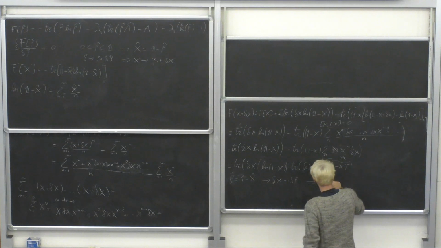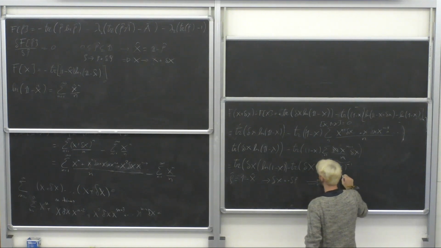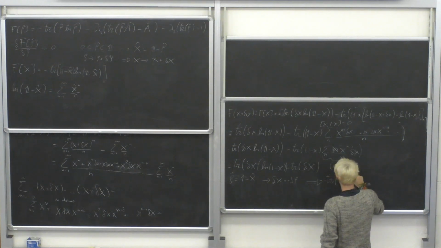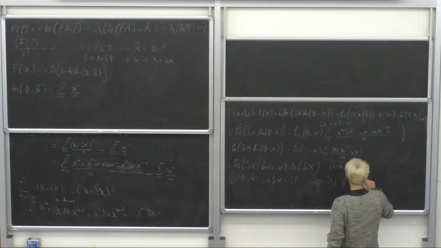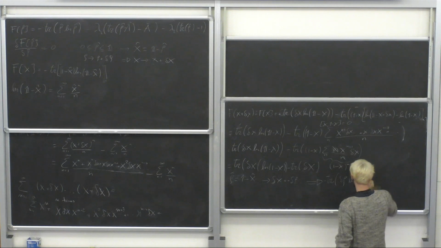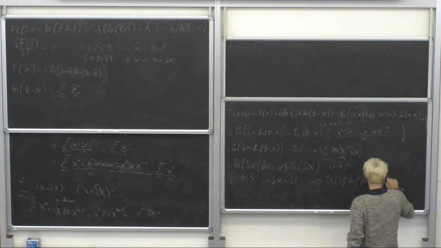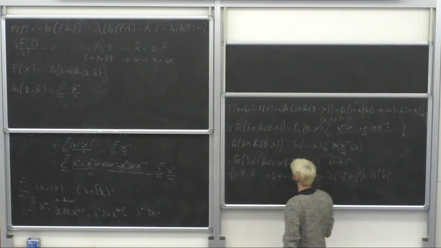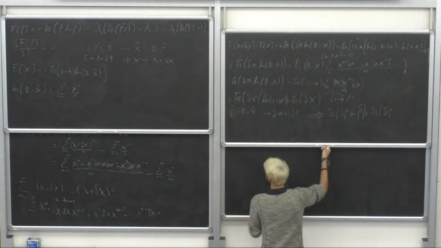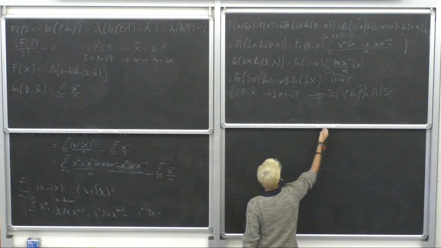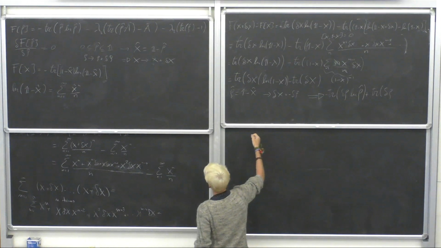And this becomes minus the trace of delta rho logarithm of rho plus the trace of delta rho. There is maybe a sign issue, but it's not really relevant.